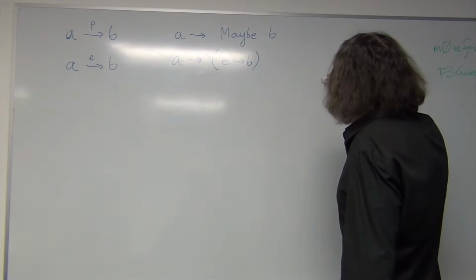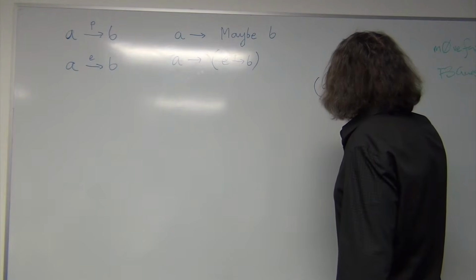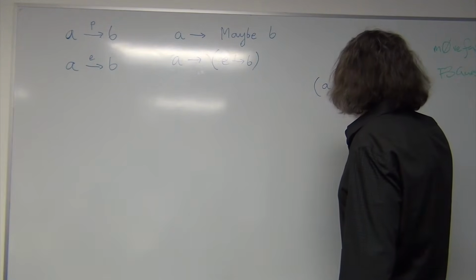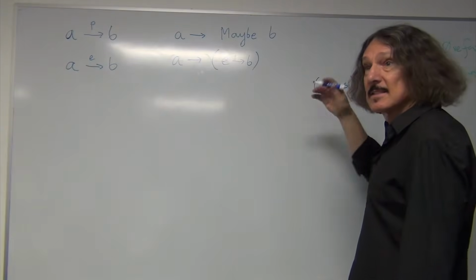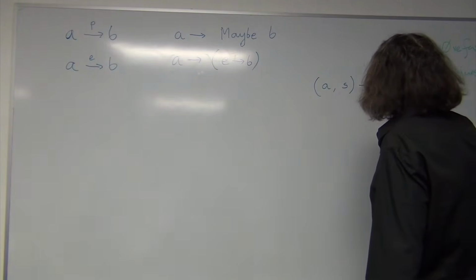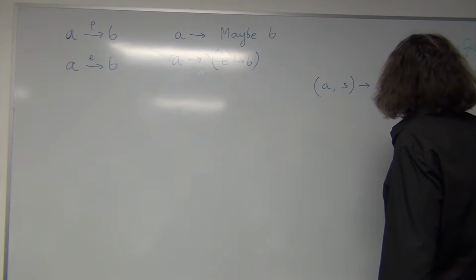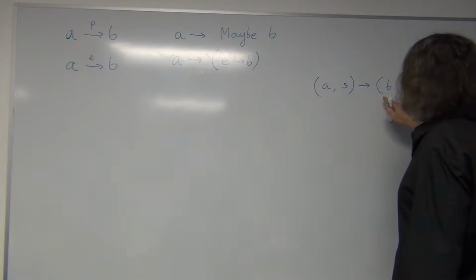Okay, I'll write it here on the side. It's a function that takes A, comma, state. So state is some type S, and returns B, comma S, a pair.